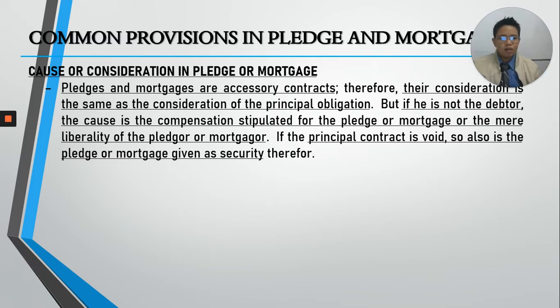So, ngayon, ano ang cost or consideration para dito sa pagsasangla ng isang third person ng kanyang property in favor of the debtor? Compensation stipulated. Baka meron silang usapan ng debtor at saka yung property owner na babayaran, etc. Or merong share, etc. Ganyan.